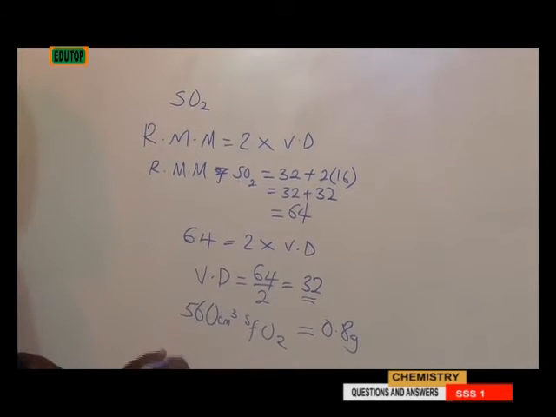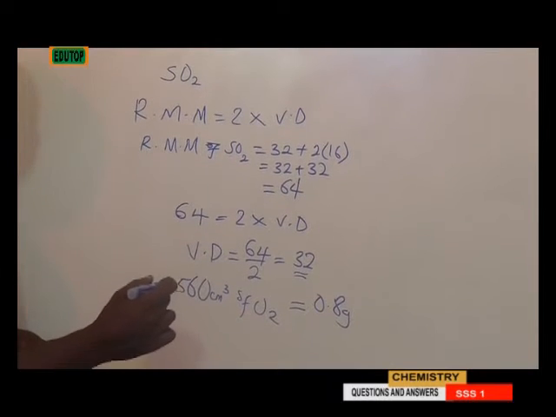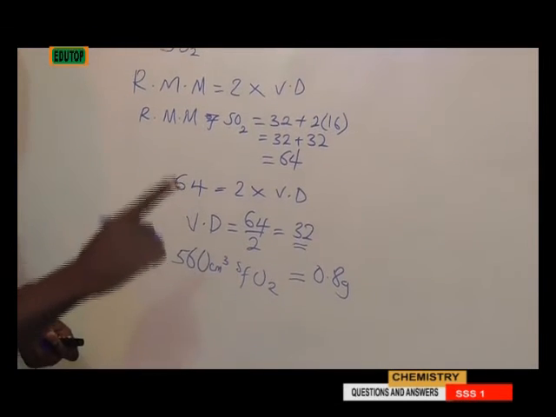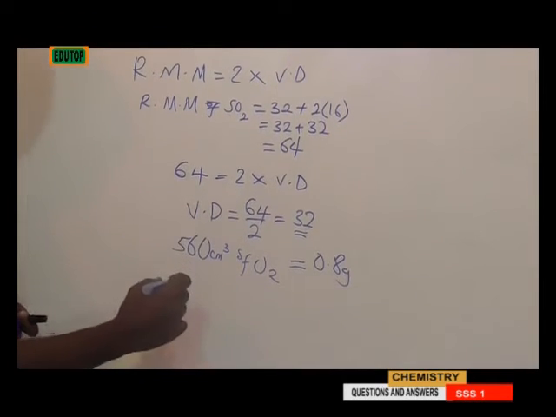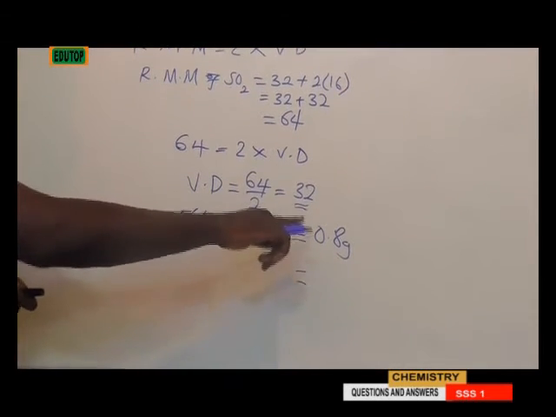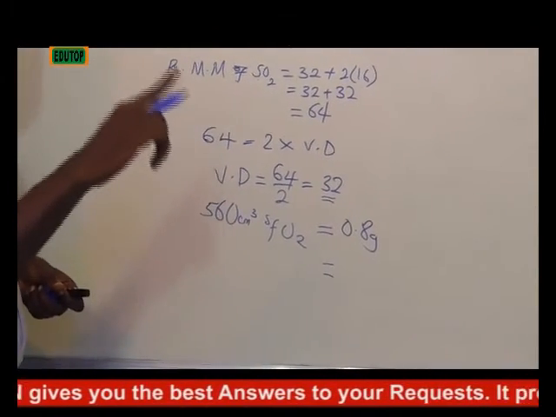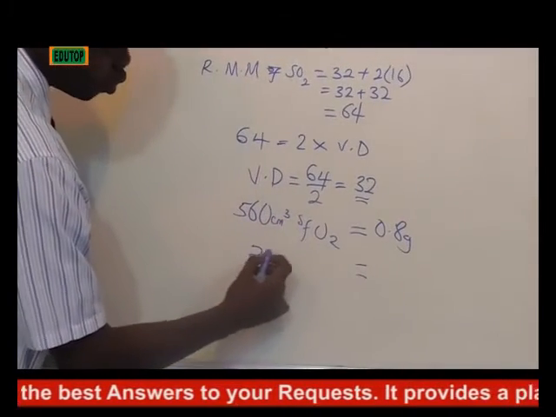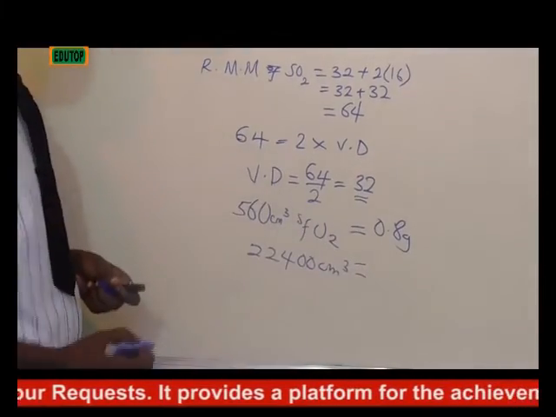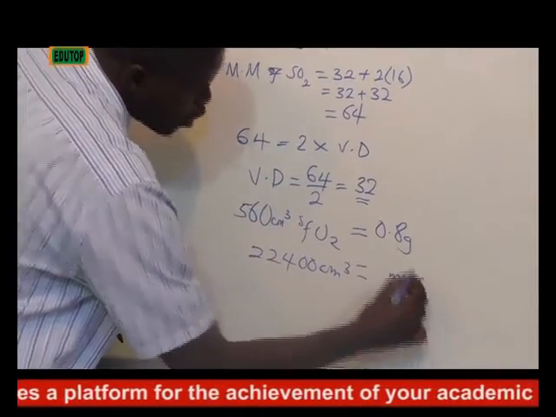At STP, 1 mole of a gas occupies 22400 cm³. If you want to determine the mass of oxygen at 1 mole at STP, which is equivalent to 22400 cm³, you don't yet know the mass of that oxygen.